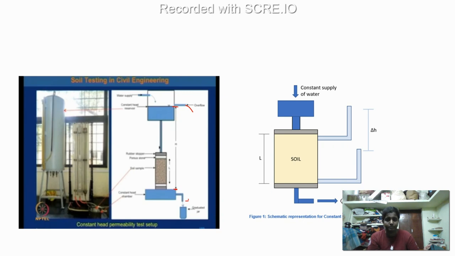At 1 minute or 2 minutes, the water you collect will be very, very little, some one drop or two drops. That's why this test is suitable only for coarse grain soil, because in coarse grain soil the water flow is very high, and you will be able to collect a measurable discharge of water at a particular time. That is why the constant head test is suitable only for coarse grain soil.